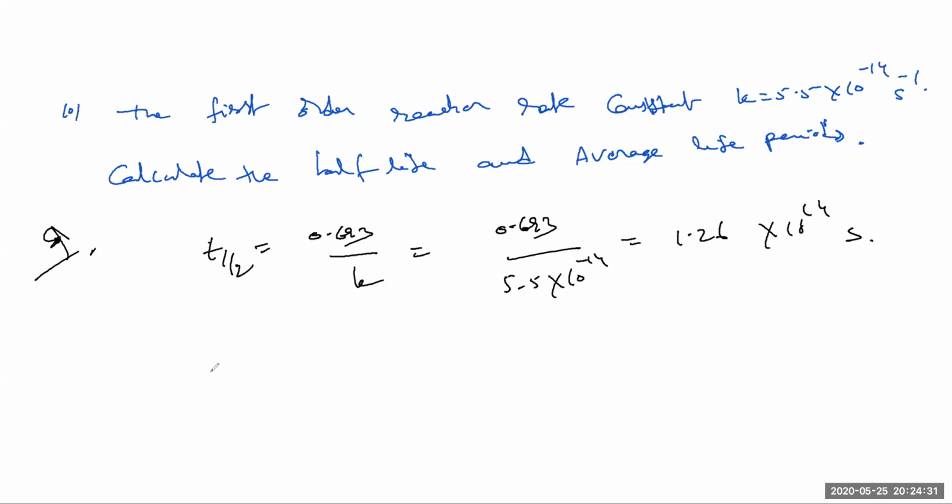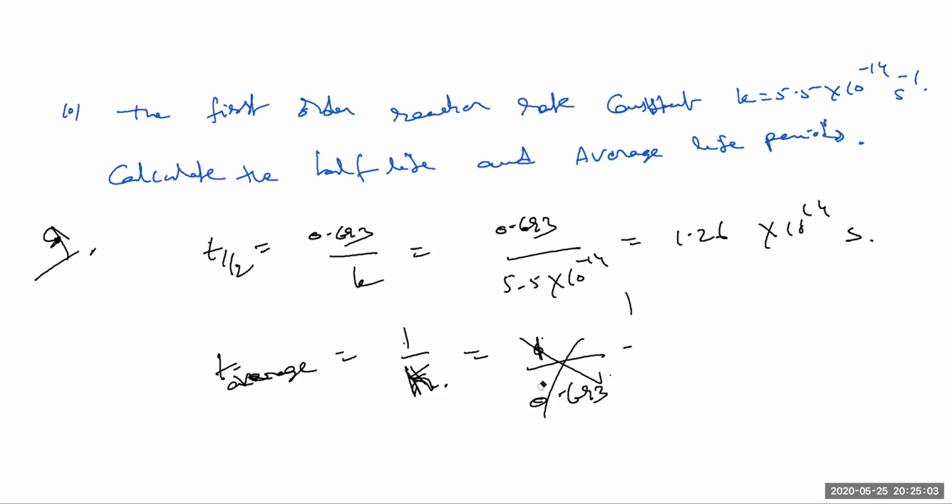What is the average life period, T average? I gave the formula, right? It is the reciprocal of k, 1 by k. So 1 divided by k, and the final relation is T average is 1.44 into T half.